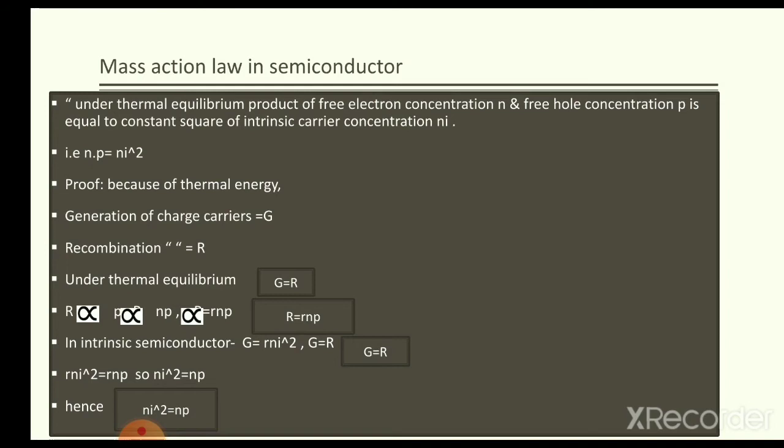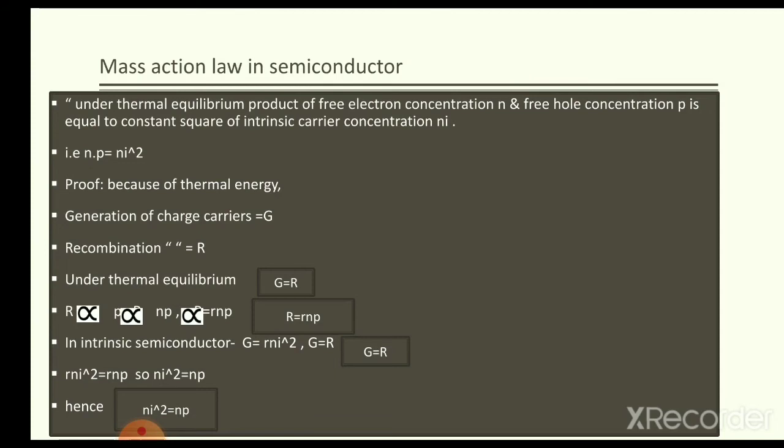Here the statement is: under thermal equilibrium, the product of free electron concentration n and the free hole concentration p is equal to a constant, the square of intrinsic carrier concentration, which is ni.